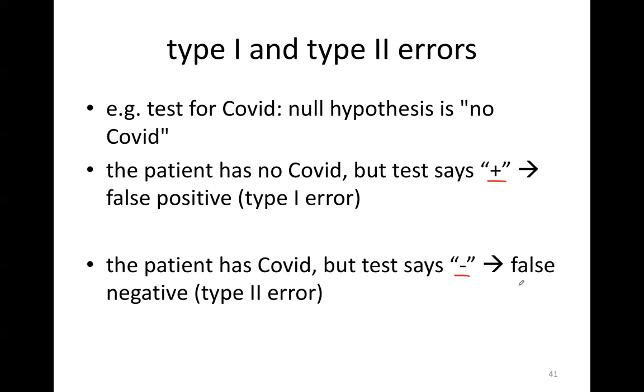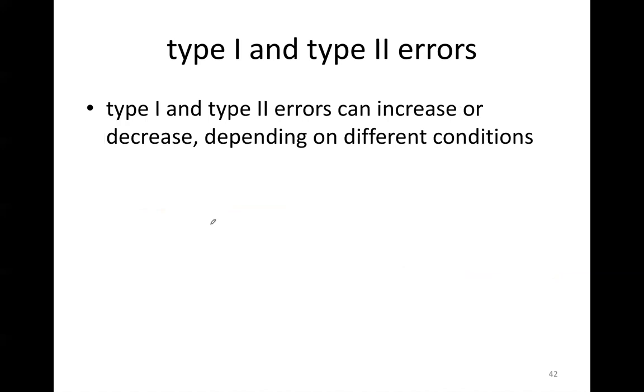And of course, what would be most important would be the false negatives in the case of a COVID test, because a test with a high rate of false negatives would allow the virus to continue to spread. The test with a lot of false positives, the side effect would be you would be locking down many people for no reason, but that might be less problematic in the long term.